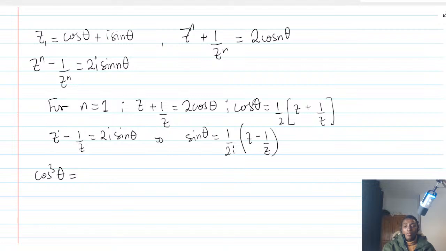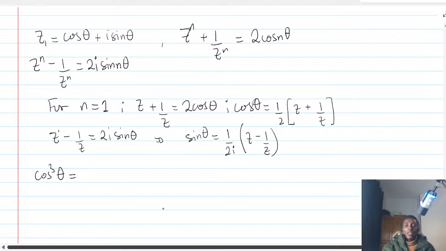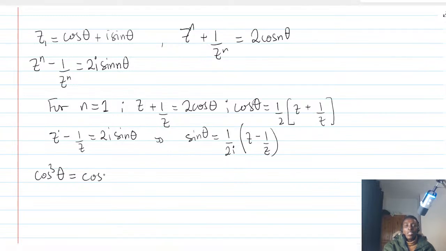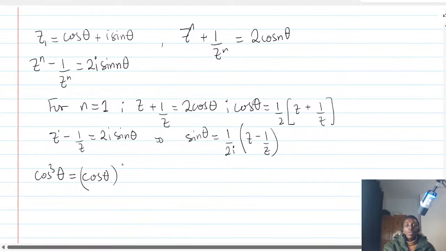So let's go back. Cos cube theta is like cos theta, cubed. But what is cos theta?